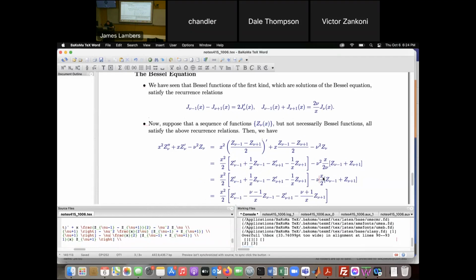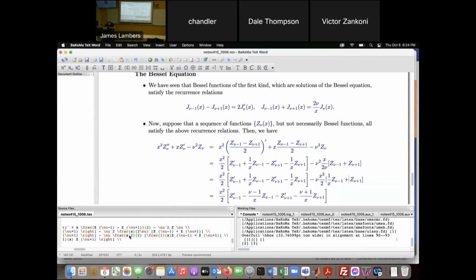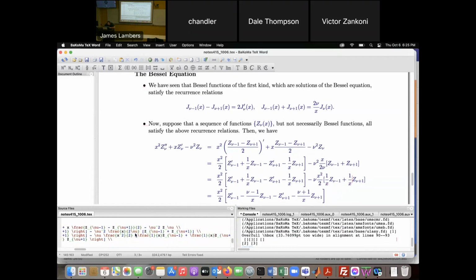So I'm going to make this x squared over 2x. So I can distribute a 1 over x through here. And then I'll move nu inside.